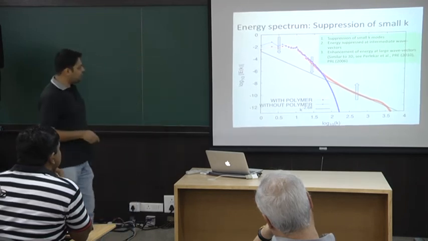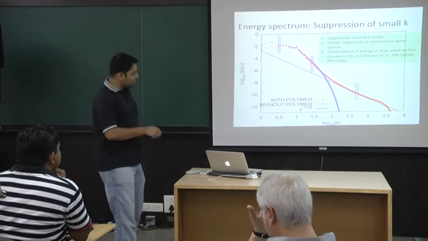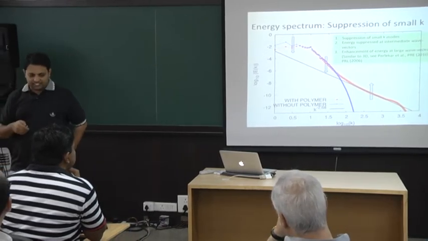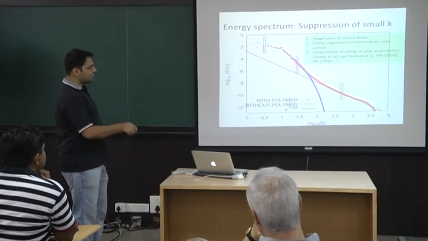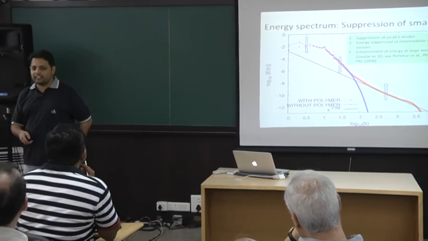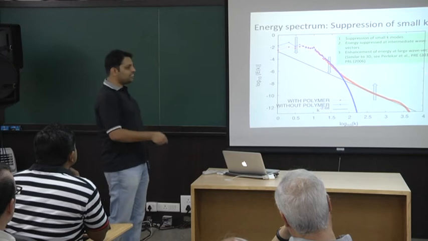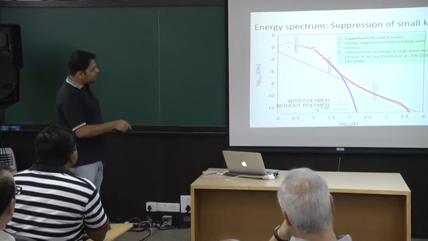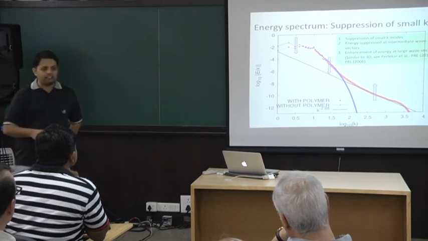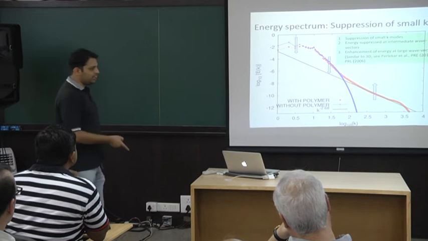Okay, but if you want to understand this in one single shot, again we borrow an idea which was earlier proposed by Itamar, that maybe all this can be understood in terms of some scale dependent effective viscosity. Then the question is, if I come up with some scale dependent effective viscosity expression which tells me how the energy transfer gets modified, will it also be able to tell me how the small scale structures are getting modified?